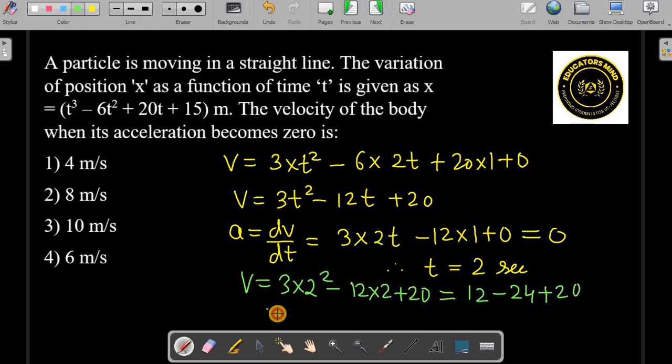So 12 plus 20 is 32, 32 minus 24. So this gives us 8, right? 8 meters per second. Similar model, I think it is from different shifts. Similar question from different shift.